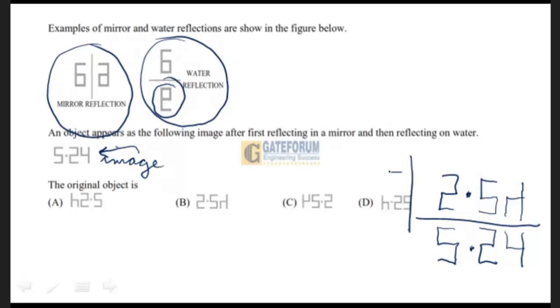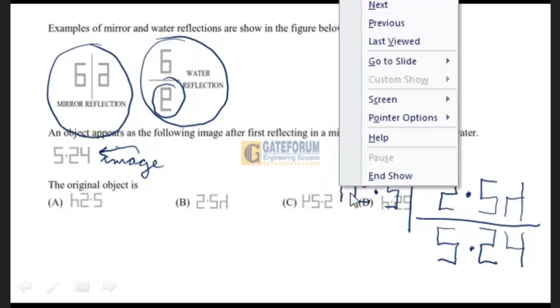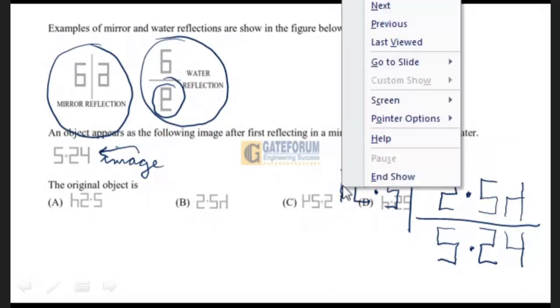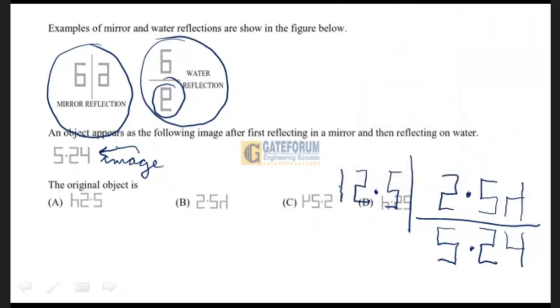So what would it turn out to be? See, something like this. I hope we can understand this. And this one would be, this is the image that would turn up.